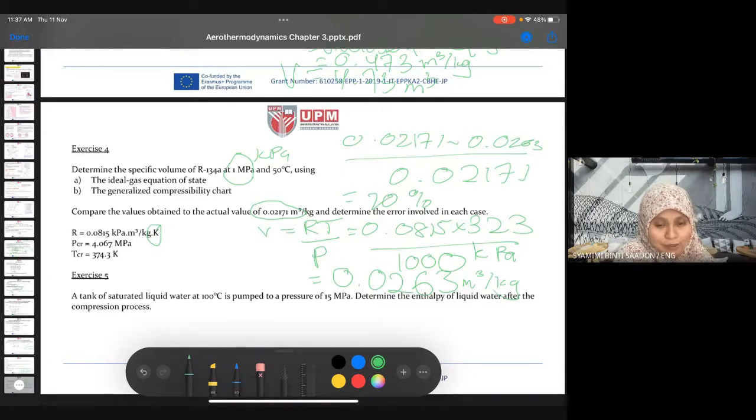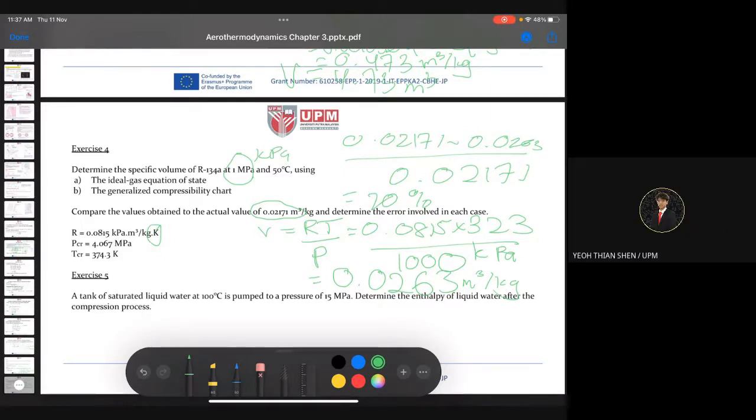So it is in kilo. So we have to use the same unit for pressure. So the 1000 is kilo, right? Yes, kilopascal.